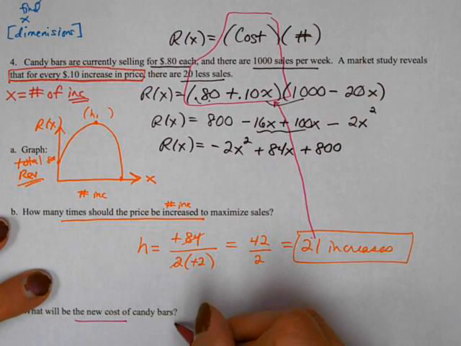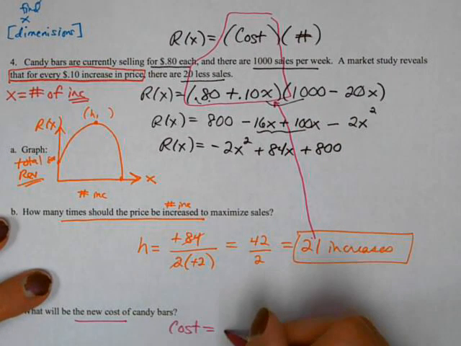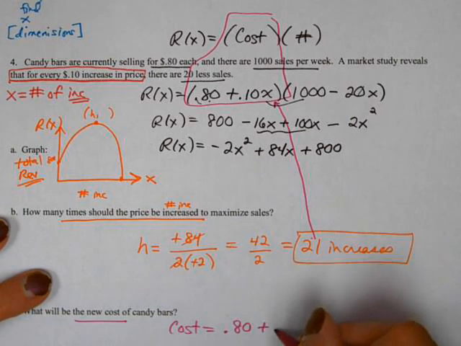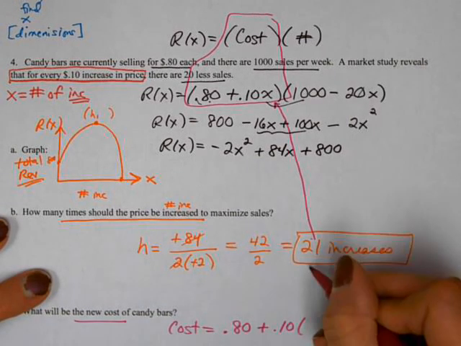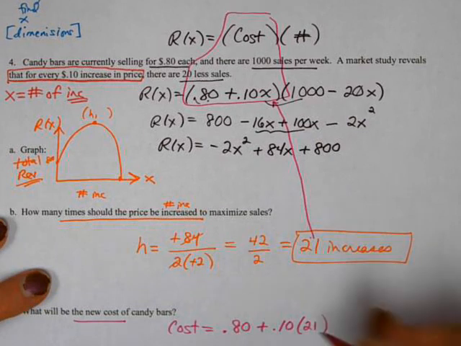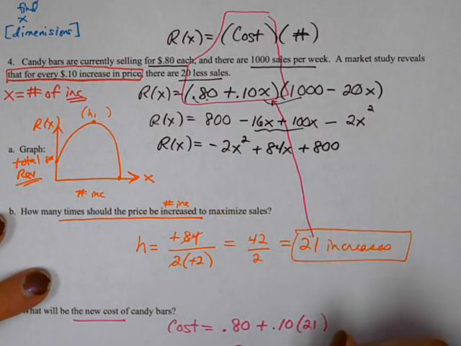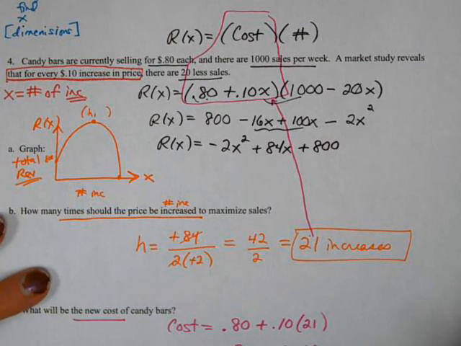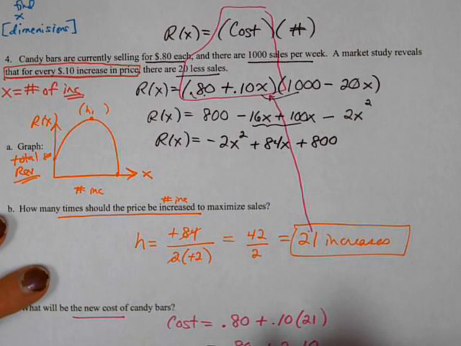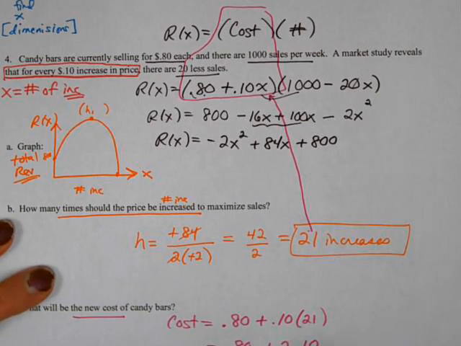So the cost used to be 80 cents plus 10-cent increases 21 times. Wow, that's 80 cents plus, what is that? $2.10? Oh my gosh, the cost is going to be $2.90 for a candy bar.